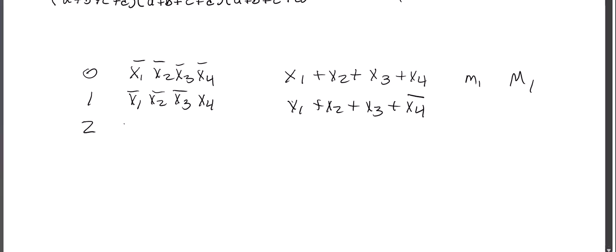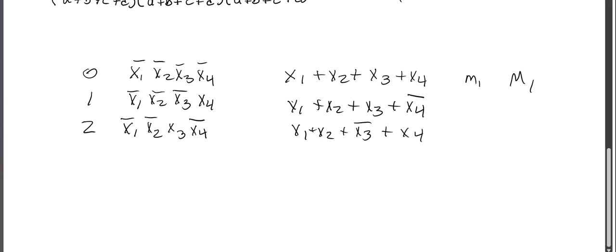Row 2, and I can't really, that should have been min term 0, max term 0, min term 1, max term 1. I can't really do these without thinking of these as binary numbers.